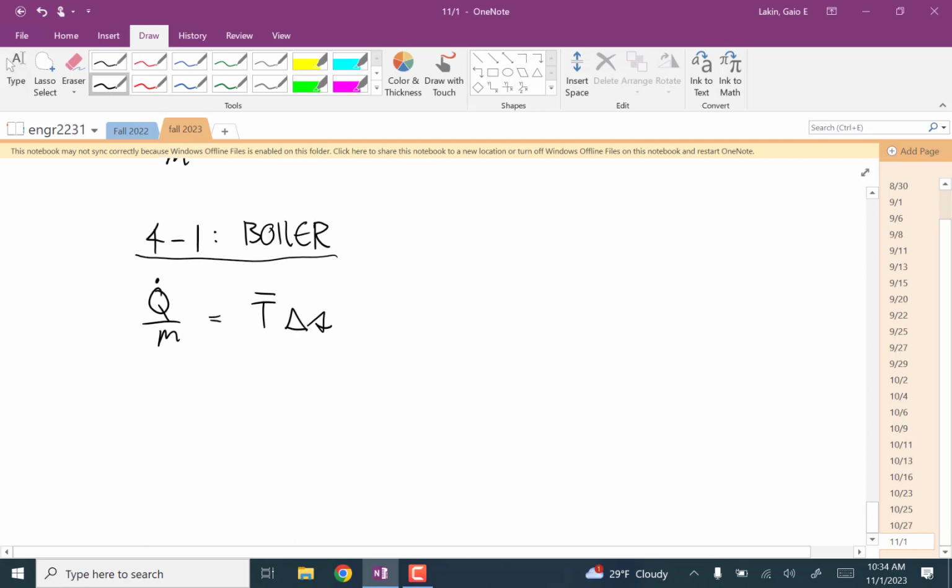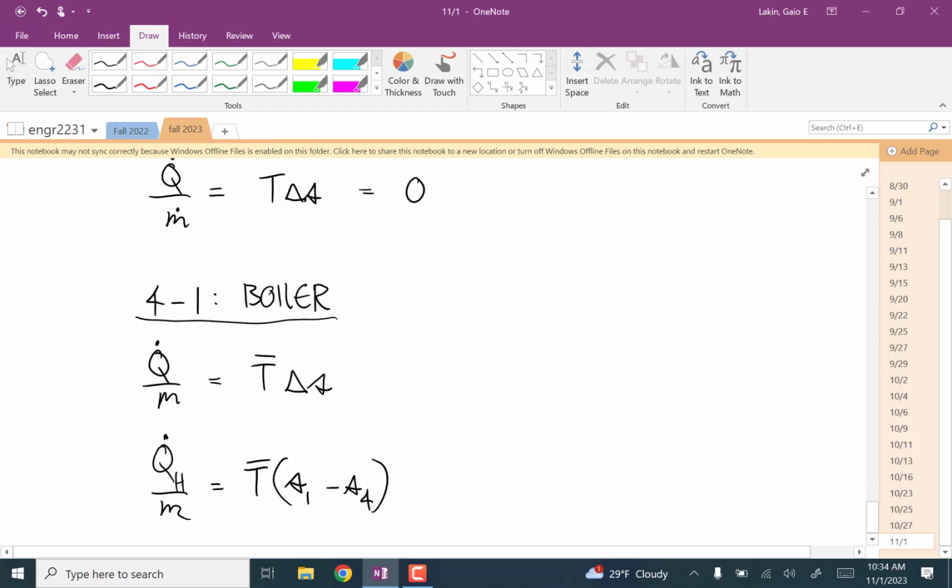This time, positive Q H is going into the working fluid. So this is Q H dot over m dot is equal to T average times the quantity specific entropy at 1 minus specific entropy at state 4.